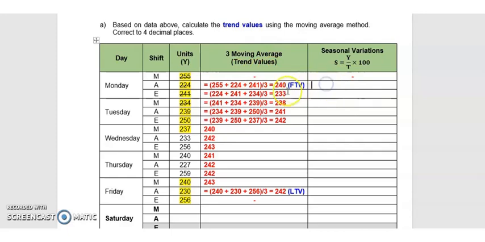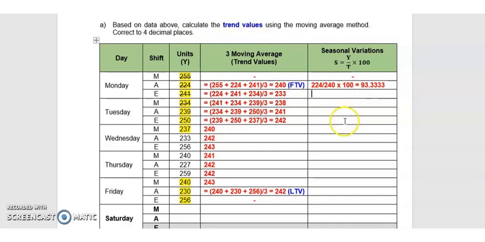Start with the first trend value. Our first seasonal variation will be Y 224 divided by T 240 multiplied by 100. So we will get 93.3333. If you have long decimal points, you round off your answer to 4 decimal places.